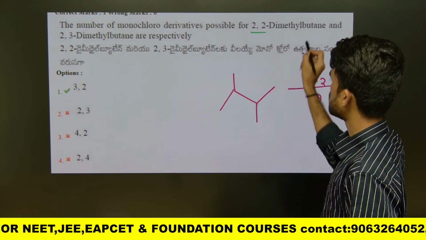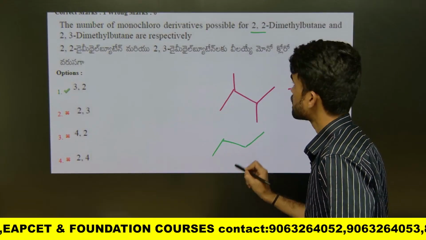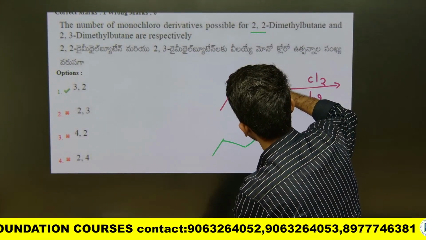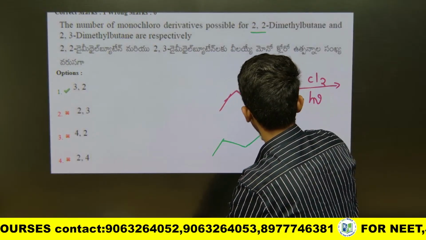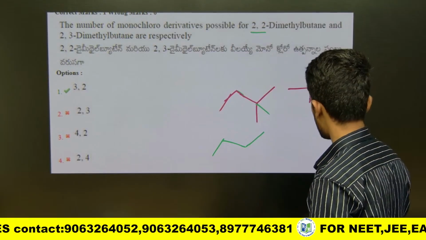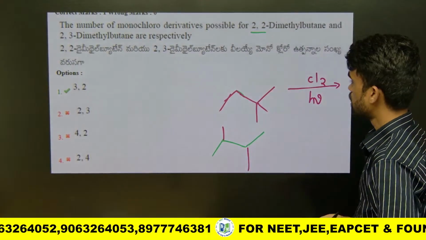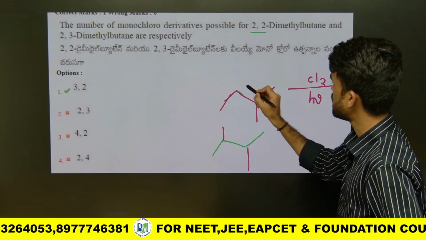Similarly we have 2,3. 2 comma 2 means both groups are at the same position, and 2 comma 3 means you take it like this. Now identify the different carbon sites along with the hydrogens.